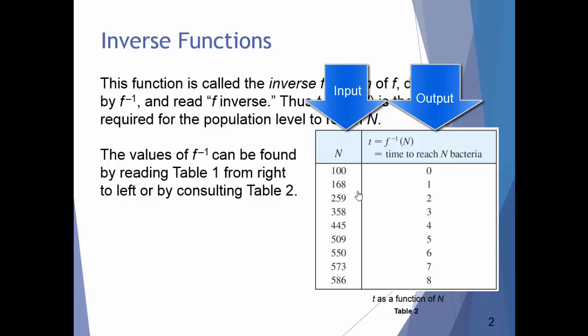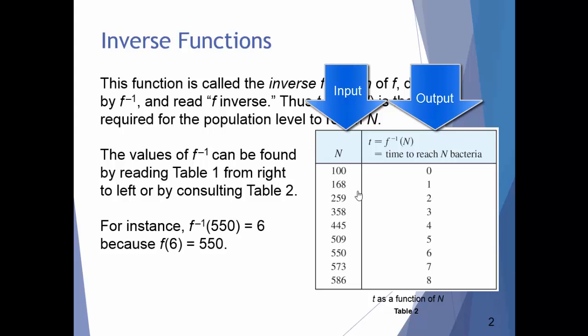You can find the values of f inverse by either reading from the table on the previous slide, but you'd have to read right to left, or this table is the same table, just with the two columns switched. So for example, if we wanted to talk about f inverse of 550, keep in mind what that's asking.